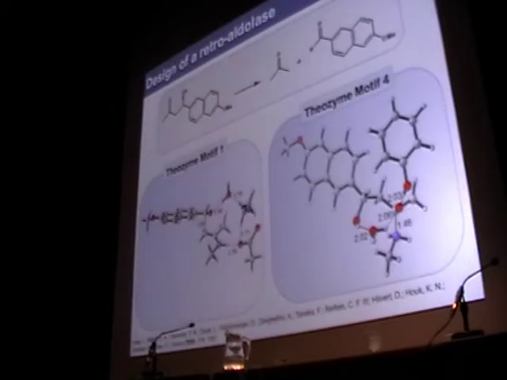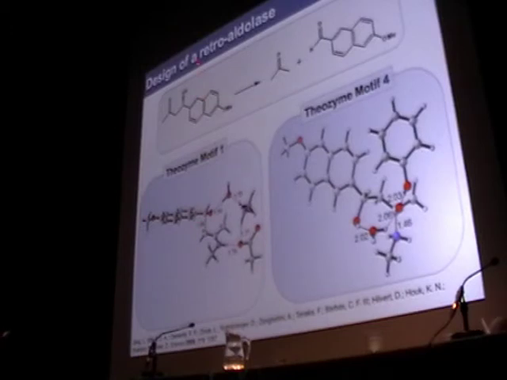Let me conclude then by telling you two other successful stories. One is this retroaldol reaction. It's a substrate which was originally studied by Carlos Barbas, who developed a catalytic antibody for this, or several for this reaction. Here are several theozymes that were developed for this retroaldol reaction.